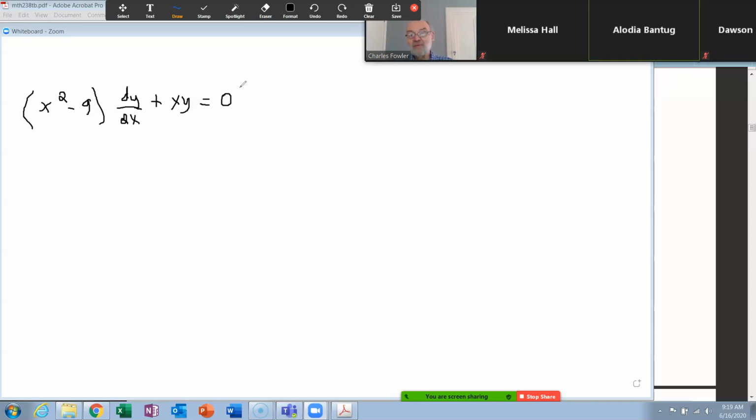Is this in standard form? No. What we want in standard form is the coefficient of your derivative, and this is a first order differential equation, so your first derivative, to be 1. This has a coefficient function. So we're going to divide by that coefficient function.